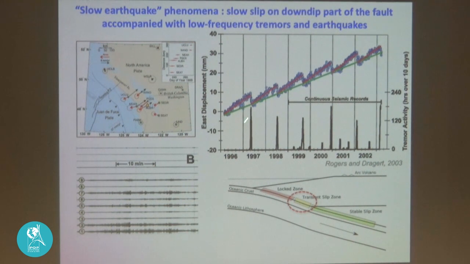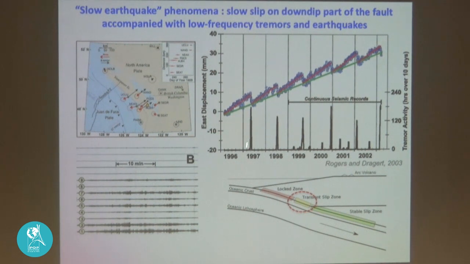And it consists in that the accumulation of deformation on this plate interface is not steady, but rather intermittent, with some accelerations, accumulation and acceleration and so on. So detected by GPS, okay?